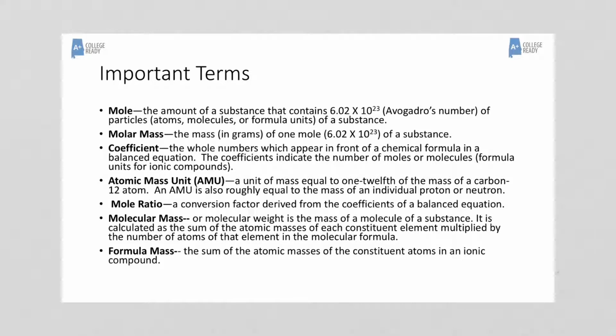It's calculated by adding up the atomic masses of each of the elements in the compound multiplied by the number of atoms of that element in the formula. And finally, the formula mass is the sum of the atomic masses of the constituent atoms in an ionic compound. So we're talking about salts for formula masses.